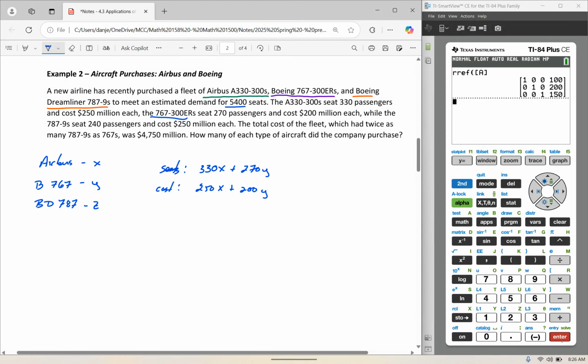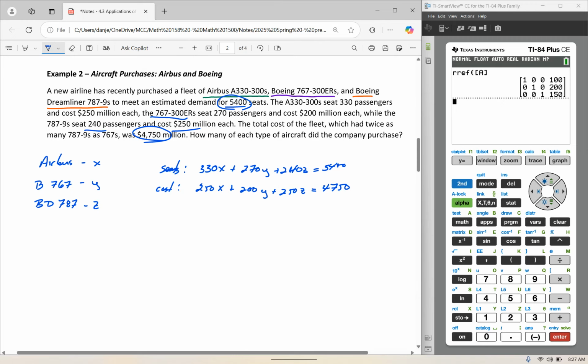The 787, that's my Z, they seat 240 passengers and cost $250 million each. The total cost of the fleet, now we know we want 5,400 passengers or seats, so this top equation's got to equal 5,400. The second equation, the cost, we said that this has a cost of $4,750 million. That's 4.7 billion. We're still working in millions of dollars, so 4750.